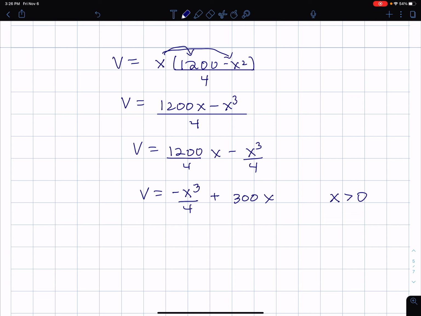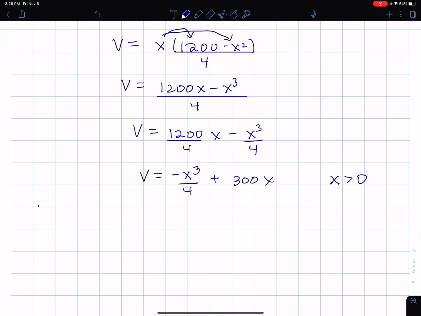And 300x doesn't have any concavity, because it's a straight line. But if you add the non-concave function plus the concave down function, you're going to have a concave down function, which means that this function has a maximum, not a minimum. That's why I'm talking about this right now. I'm thinking, okay, does this even have a maximum? Well, the answer is yes.